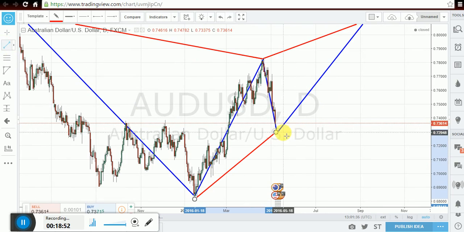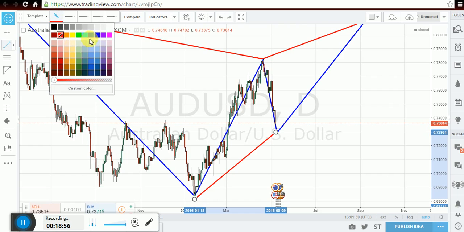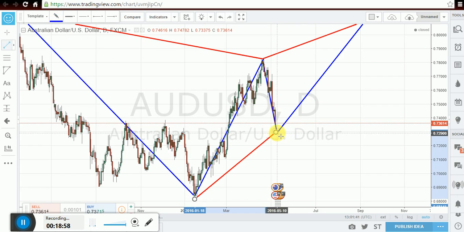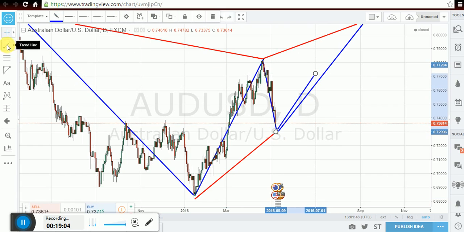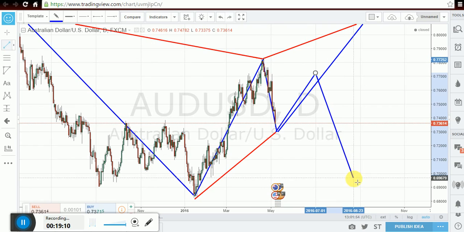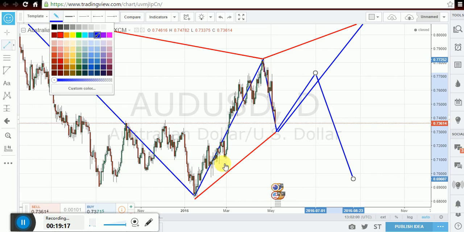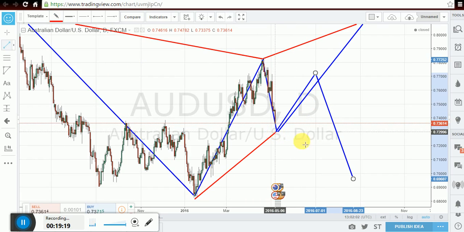If this market comes here and terminates there, you would expect it to form the second part of the bat pattern, the second triangle. So the market comes back here, maybe, as long as it doesn't exceed that A point, that would be your A point of a bat pattern, and you expect the market to come back down somewhere there and complete the bat pattern. And now you can complete your triangle.